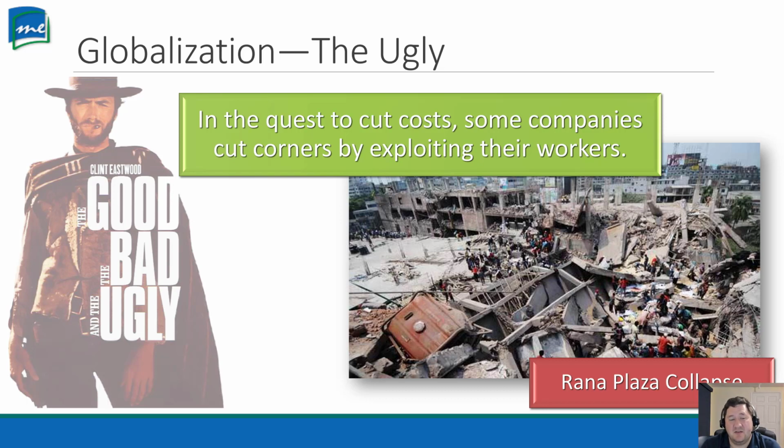This was a textile manufacturer where 1,100 people got killed. Unfortunately, this happened. When they were digging through the rubble, trying to clear the building and get the people out, they came across a lot of well-known brands of textiles in there.